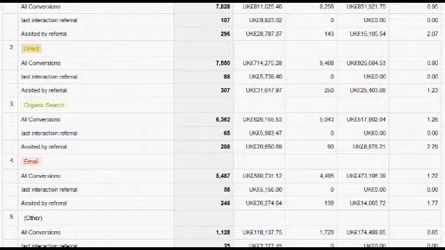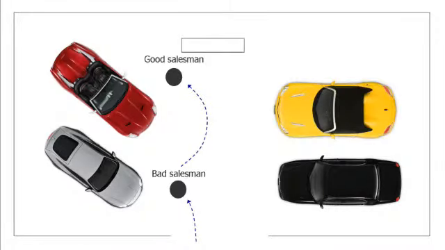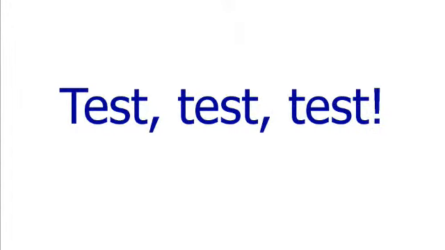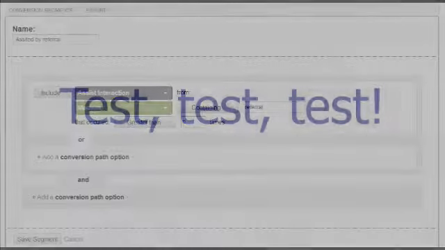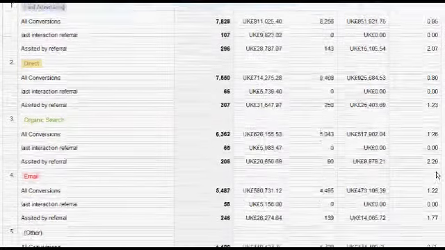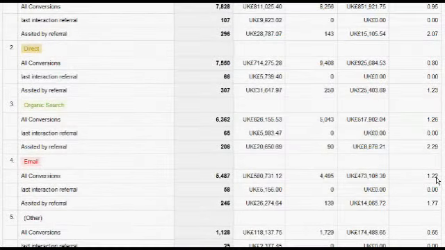Have we been undervaluing referrals in general on this site, or were they like the bad car salesman, just in the way at the right time? Well, the only way to find out is to test. So for instance, if we spend more time or money on referrals, do the channels in which referrals provide assists also benefit? And using this conversion segment view, we'll be able to see the results of any testing broken down by channel.